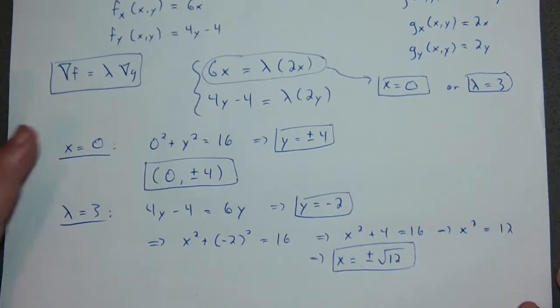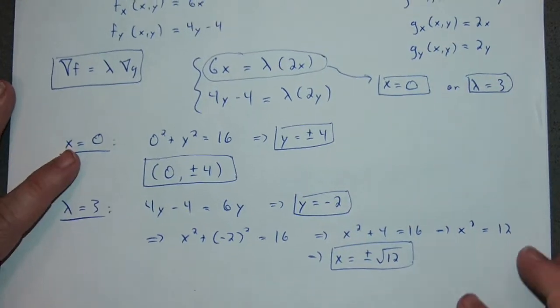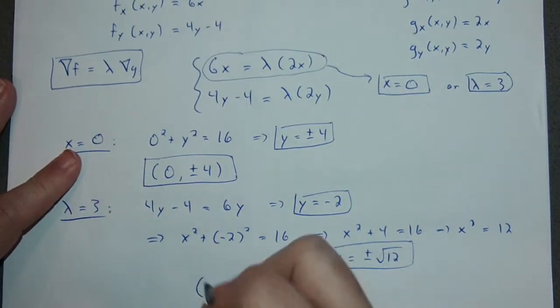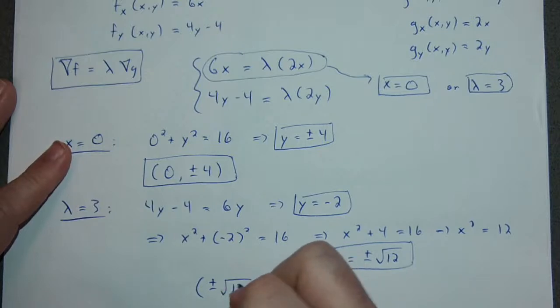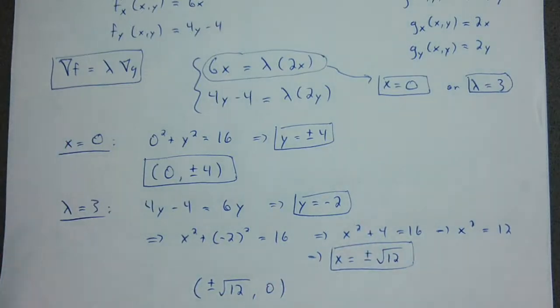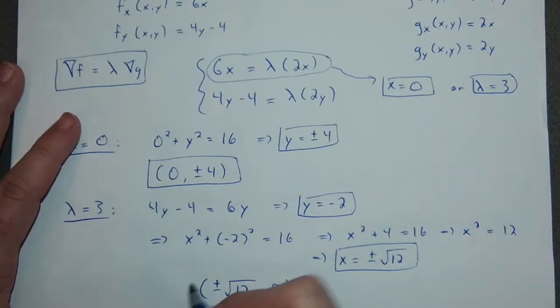This yields 2 points, plus or minus square root of 12, and minus 2.